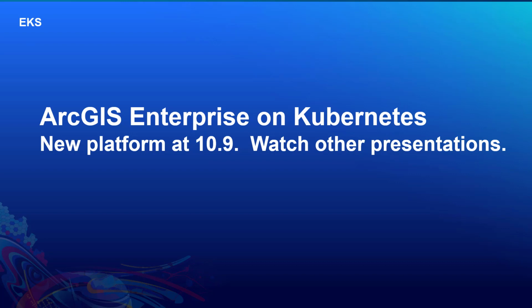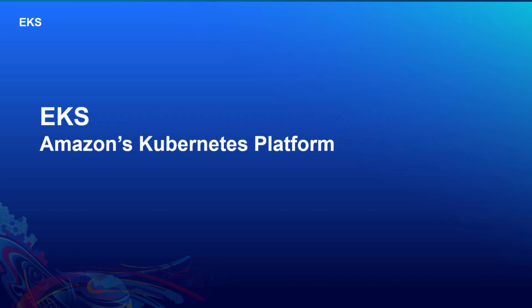This is worth learning about, and I would encourage you to watch our other Developer Summit presentations, because I'm not going to get super deep into it. I'm just going to cover high level the basics about how to get it running on AWS. So the first thing is we're running it on EKS, which is Amazon's Kubernetes platform, the Elastic Kubernetes Service.